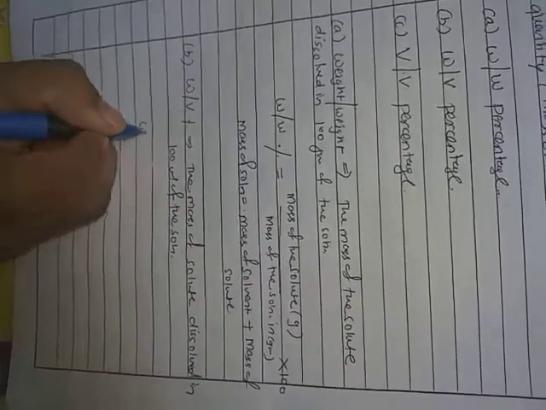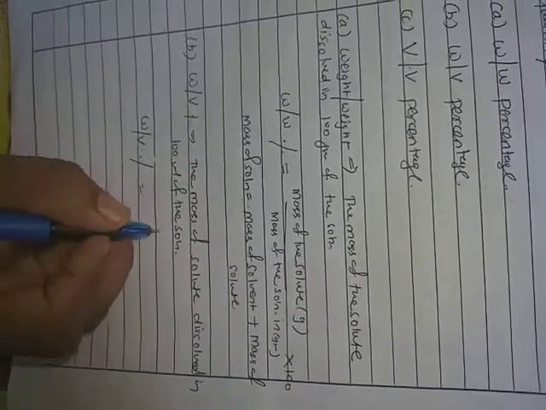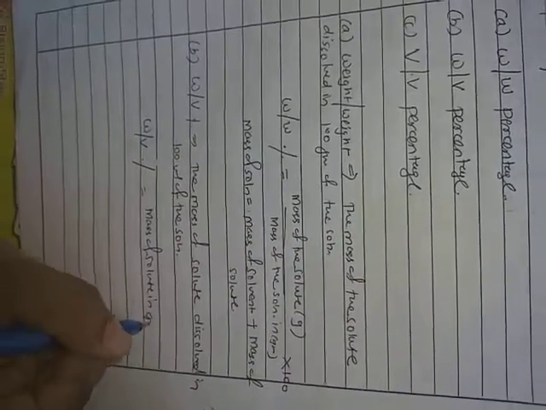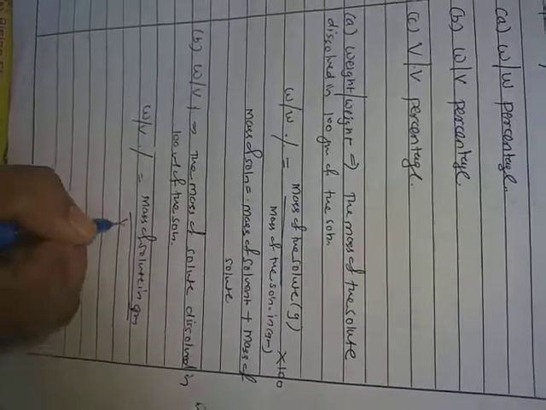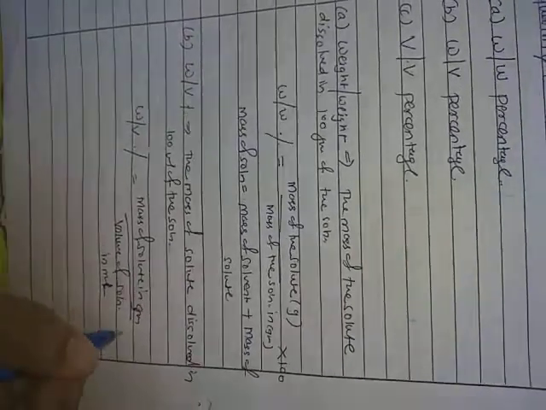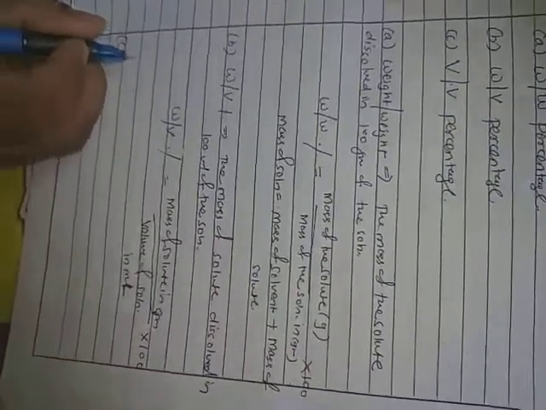So here weight by volume percentage is equal to mass of solute in gram divided by volume of solution in ml into 100. We covered numericals on the basis of this formula also.